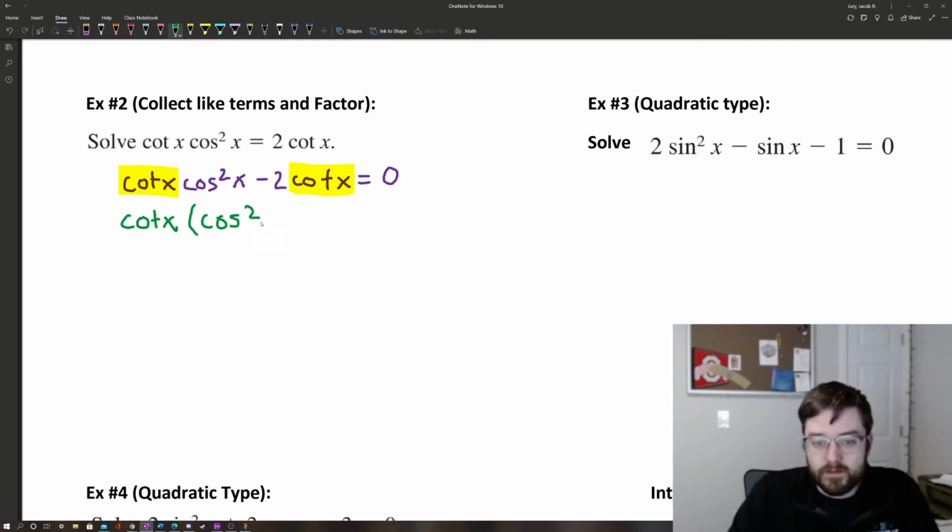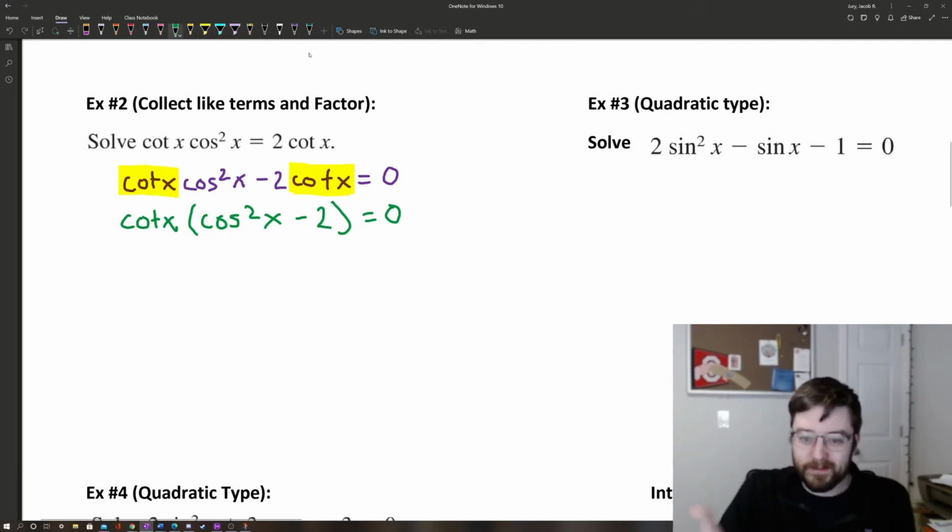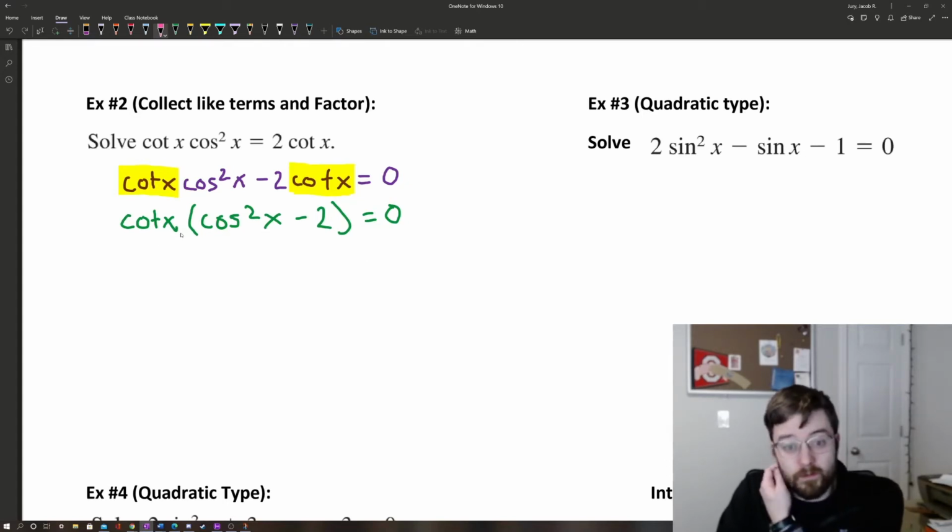And then we have this nice result equals 0. So cotangent x times cosine squared x minus 2. This might not look nice to you guys, but this is actually a really good thing. Whenever we have multiplication between two things equals 0, this is the zero product property, we know that one of these things has to equal 0.